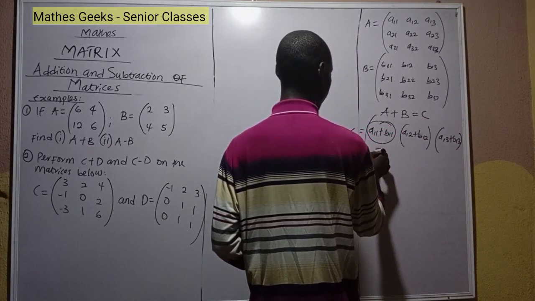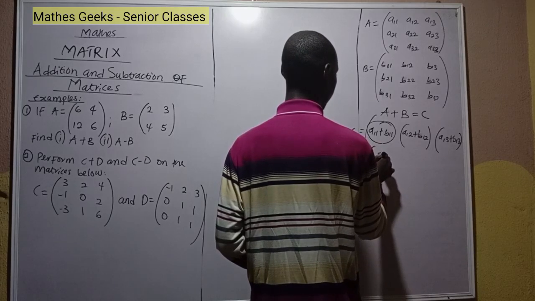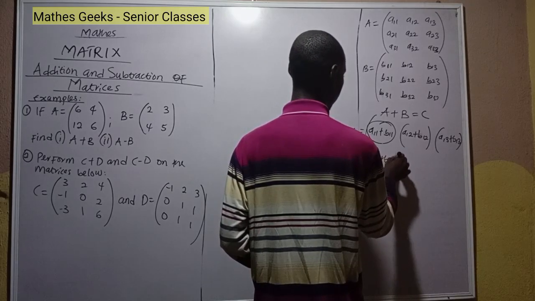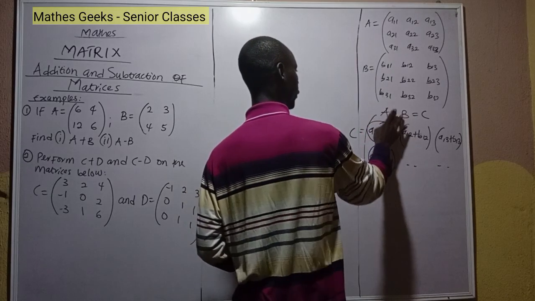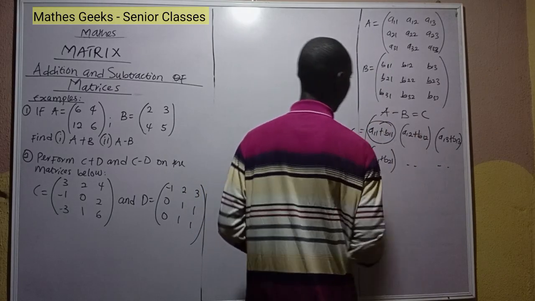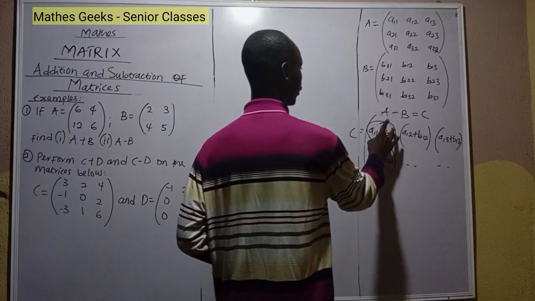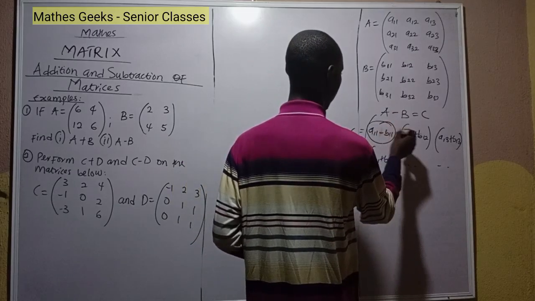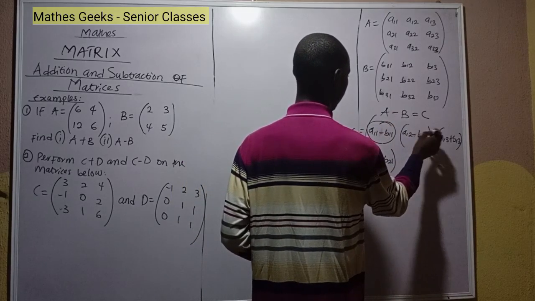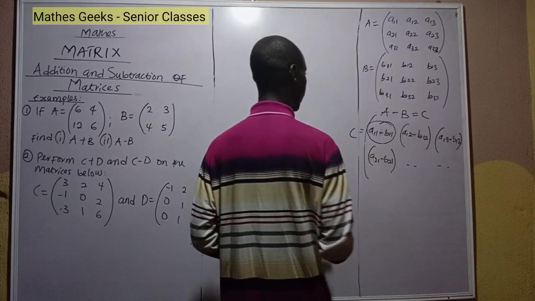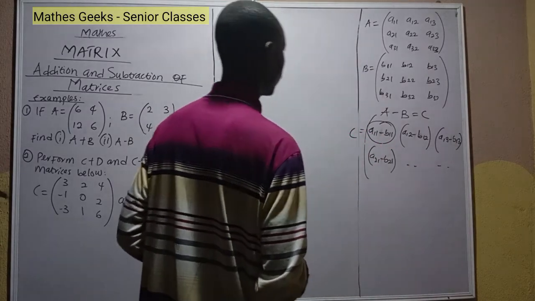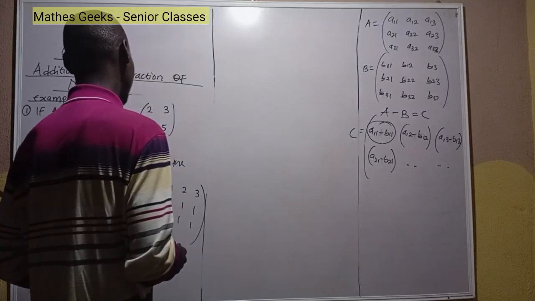To get this entry, we're going to have A21 plus B21, on and on. The subtraction we are carrying out is the same thing, so it's going to be A11 minus B11, A12 minus B12. So generally, that's the rule. That's what we are expected to do.